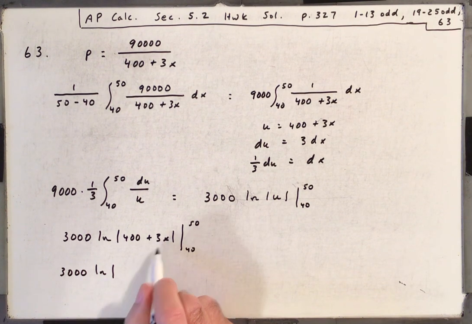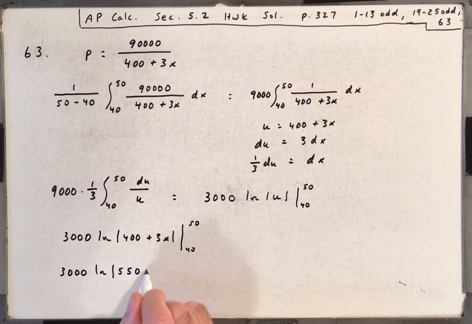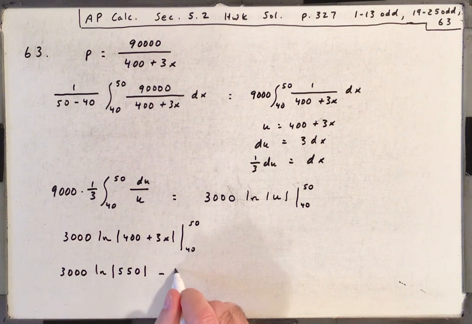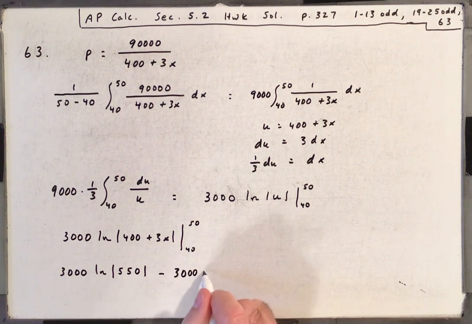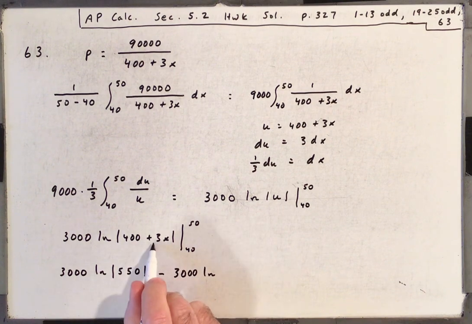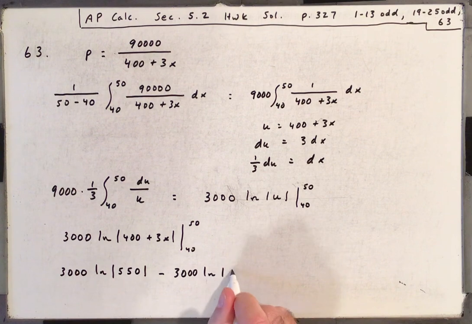If you plug in a 50 there, so that would be 550, minus 3,000 times the natural log. Let's plug in 40. That'd be 400 plus 120. So 520.